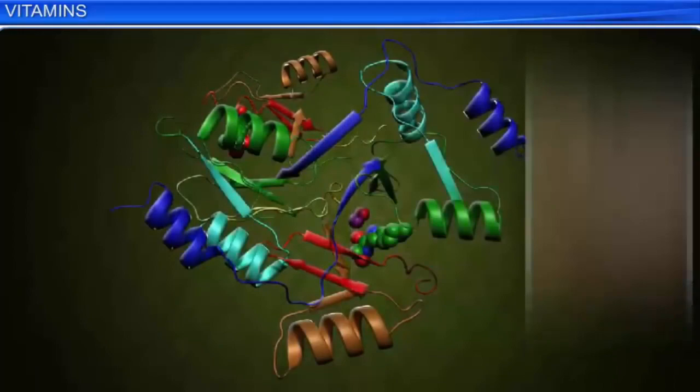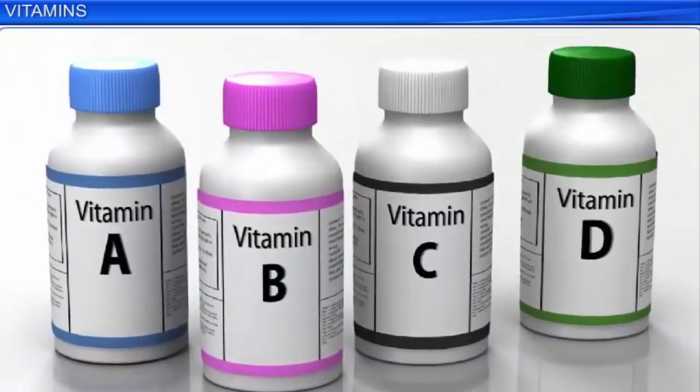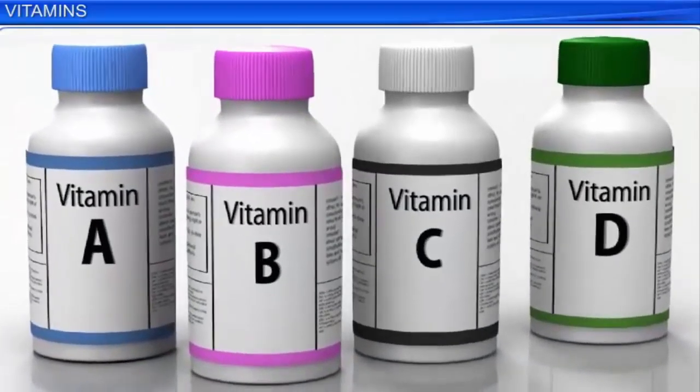When vitamins were first discovered, their chemical nature was not completely known. Therefore, they were named after the alphabets A, B, C, D, and so on.